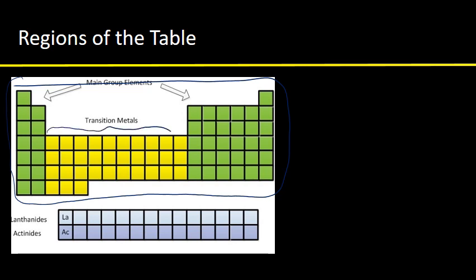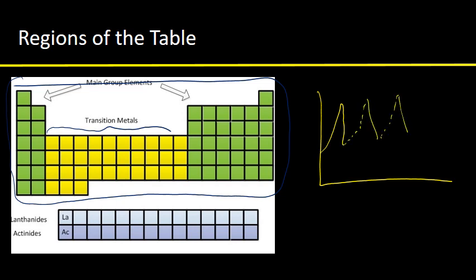And if you remember, going back to that graph of ionic radii, we had something that looked like this, right? And every once in a while there was a little spot in there where the properties didn't change very much, right? The part where the properties don't change very much is this group right in here, these transition metals, right?